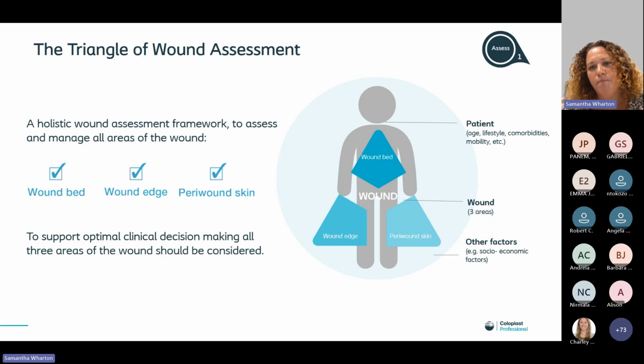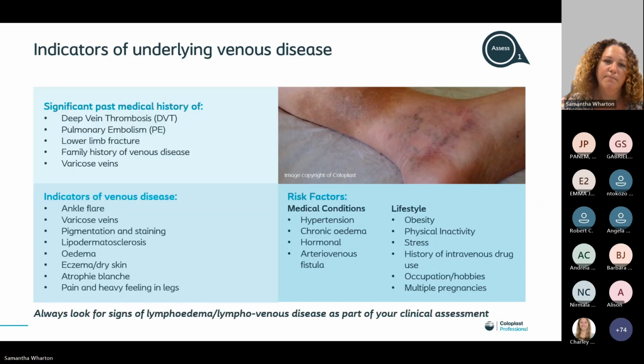So you've got the sort of light blue circle, that's looking at your social economic factors. Then you've got your person, so that's looking at things like their age, their lifestyle, their comorbidity, what their mobility is like, what medications they're on. And then you look at the wound. You look at that wound bed, that wound edge, and the peri-wound skin. And you need to look at every single aspect to ensure that you're doing that robust assessment.